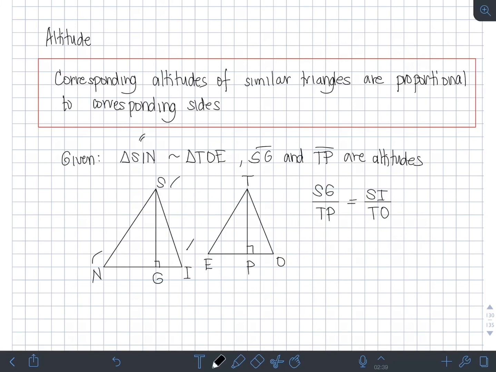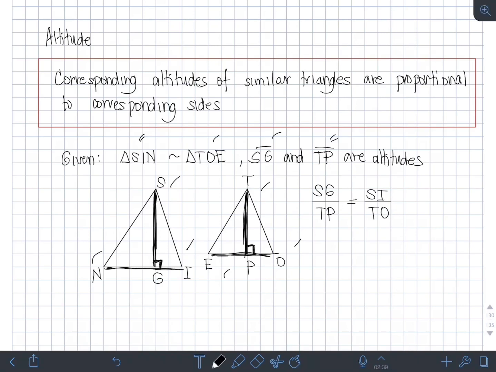Similar daw dapat dito sa triangle TOE. Ngayon, itong SG, okay, is the altitude kasi perpendicular siya dito sa opposite side na NI. Likewise, itong TP is also an altitude with 90 degree angle as shown dahil perpendicular siya dito sa opposite side EO.